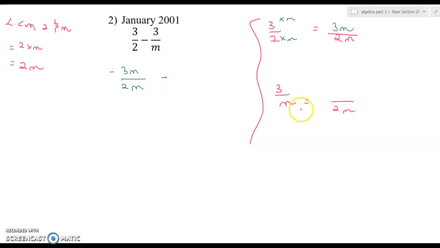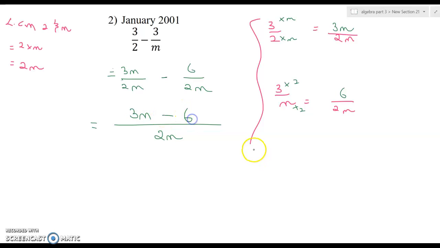So m times what gives me 2m? m times 2. So I'm going to multiply the top by 2 as well. So I'll get 6 over 2m. And now put everything over the 2m. So that's 3m, 6. We can't simplify that anymore. So that is our final answer, right?